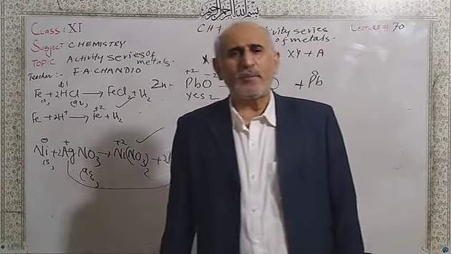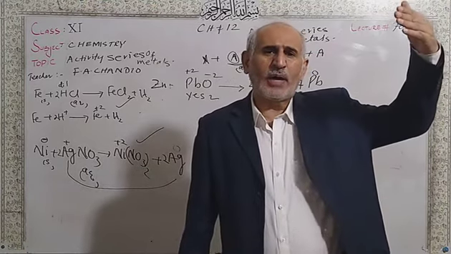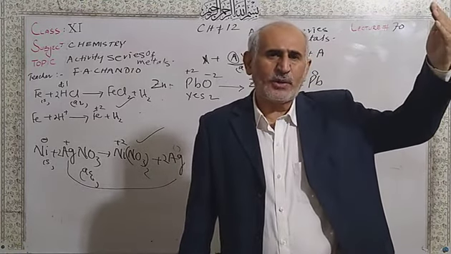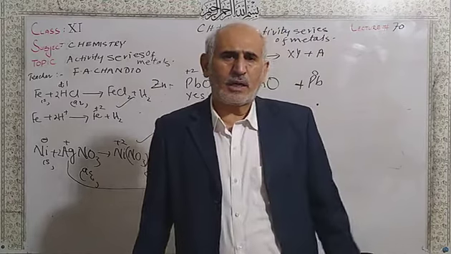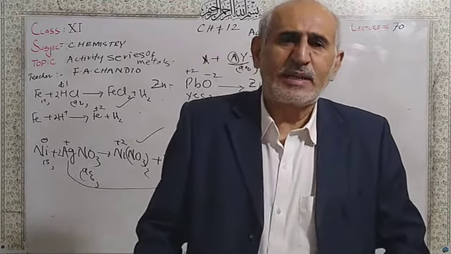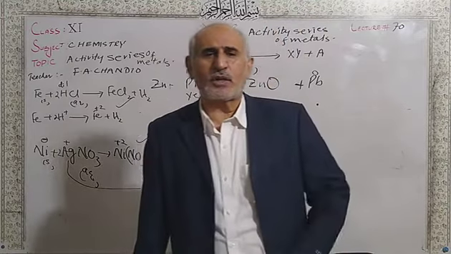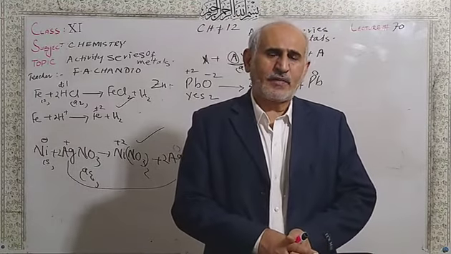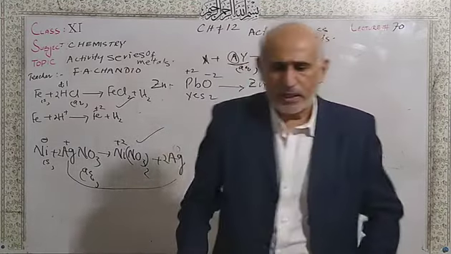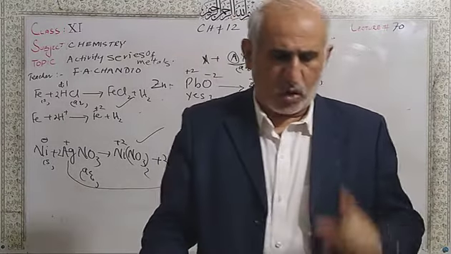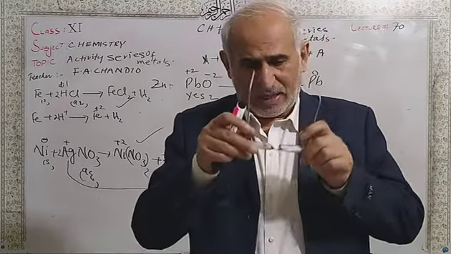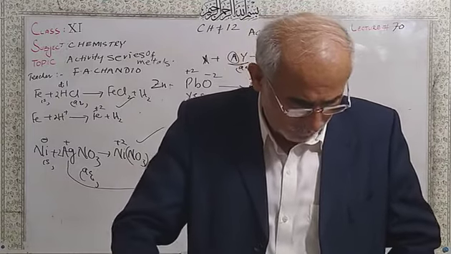They are reactive metals, above the hydrogen in the activity series, so they have a negative value. So the reduction potential is negative for zinc. If you invert it, it must be positive. So the oxidation potential is positive and the reduction potential is negative.